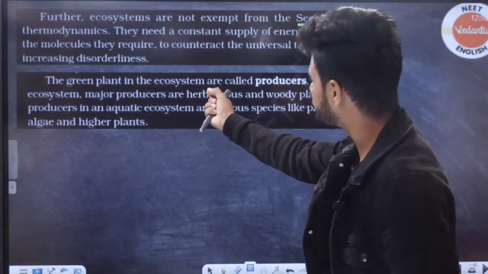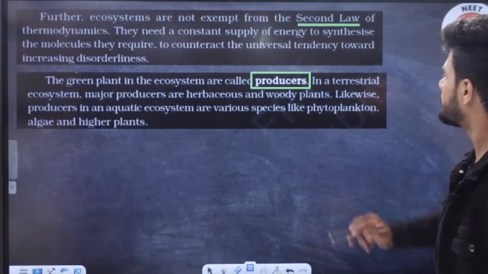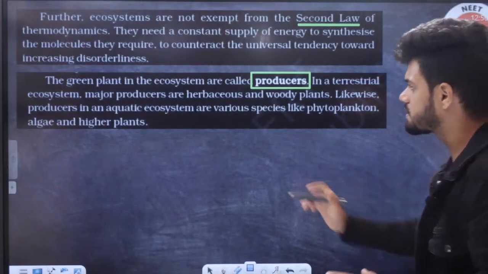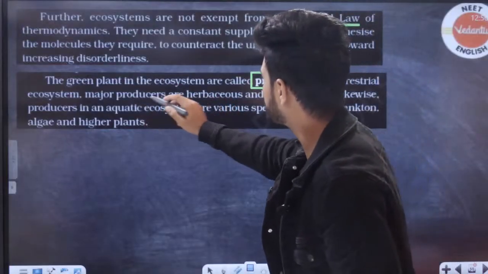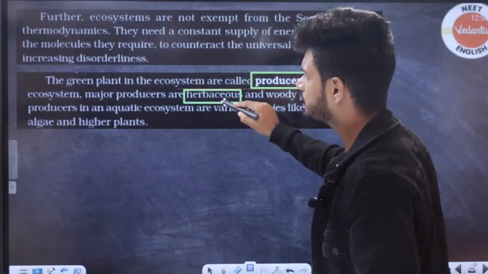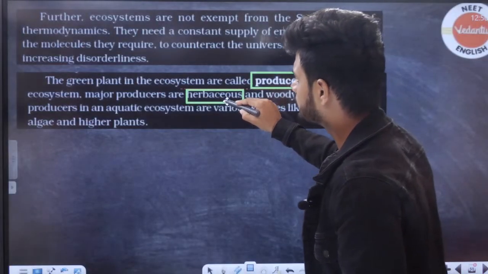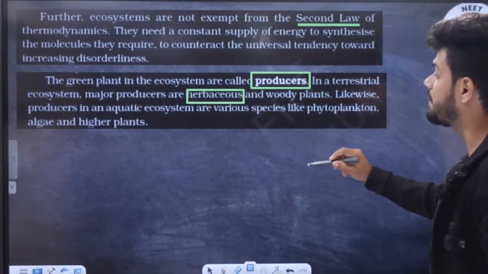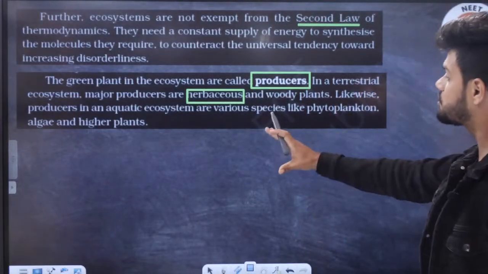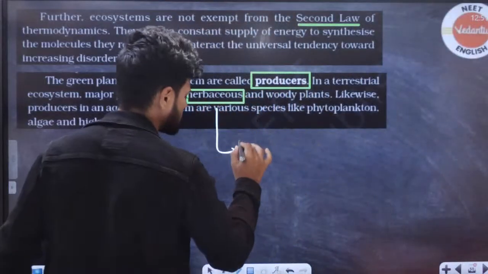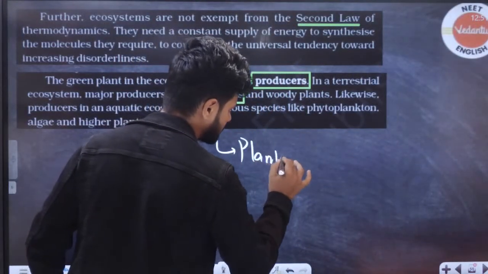The green plants in the ecosystem are called producers. In a terrestrial ecosystem, major producers are herbaceous and woody plants. Basically the plants.